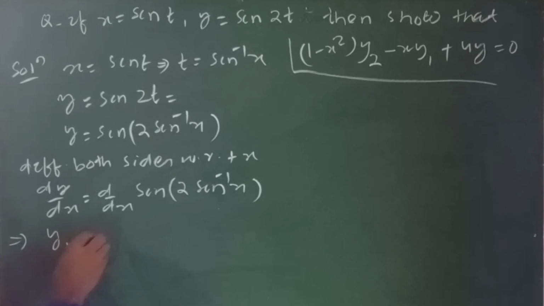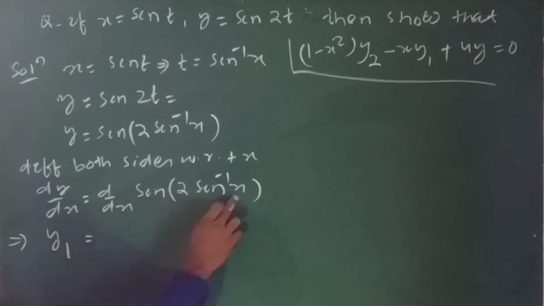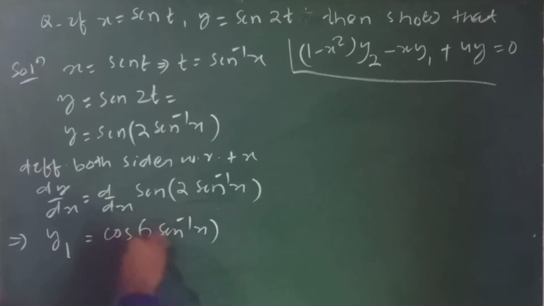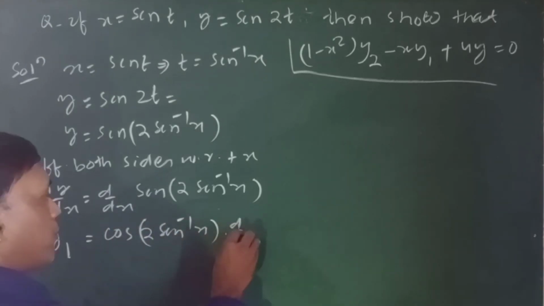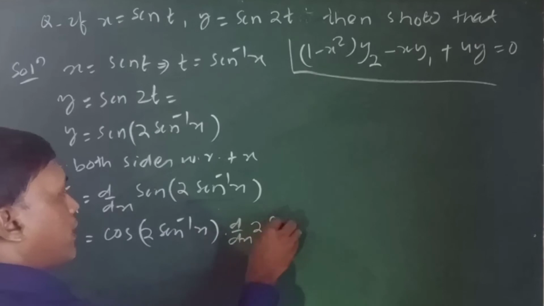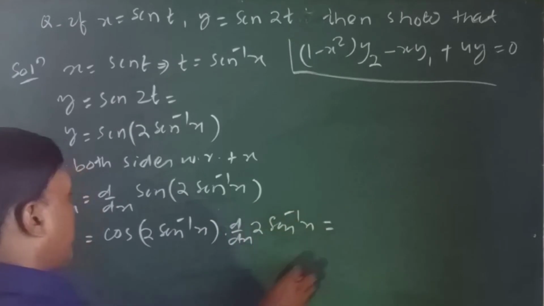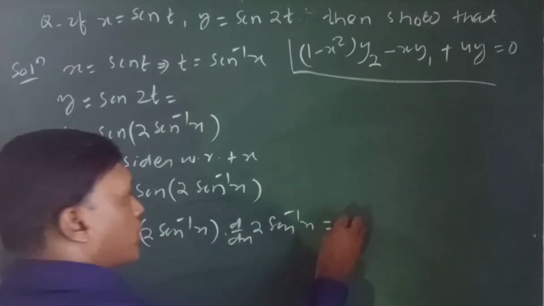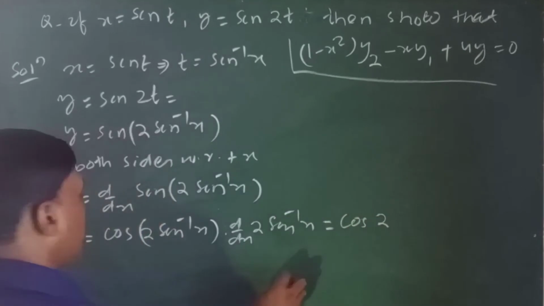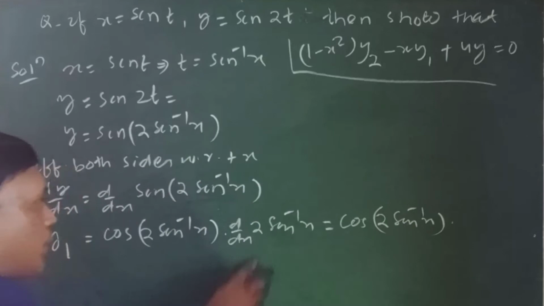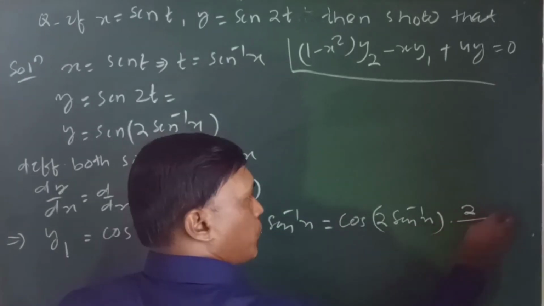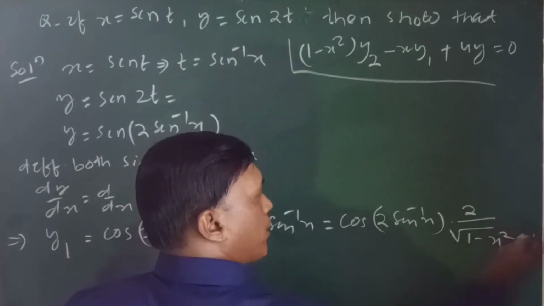The derivative of y is y1, which is equal to, this is sin theta, and the derivative of sin theta is cos theta, cos of 2 sin inverse x, into, we have to multiply the derivative of 2 sin inverse x, which is 2 by root over 1 minus x square.